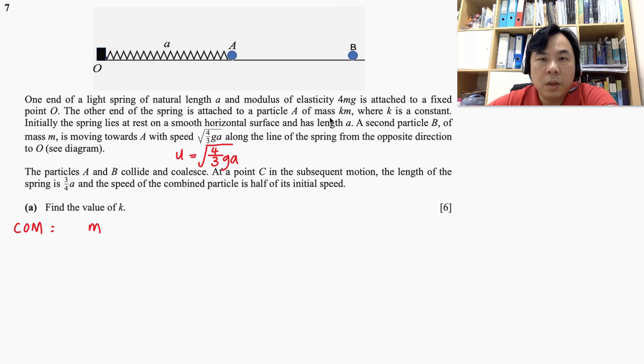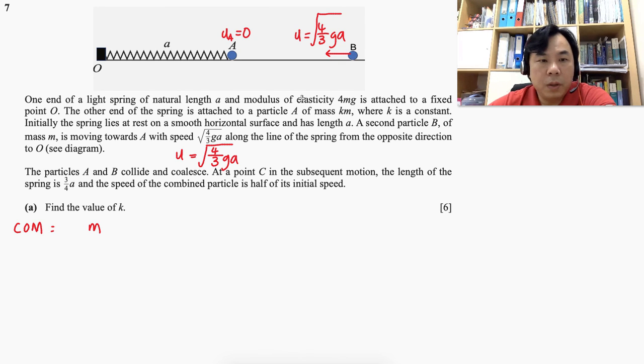This is how it looked initially, so B is moving towards A with this speed.